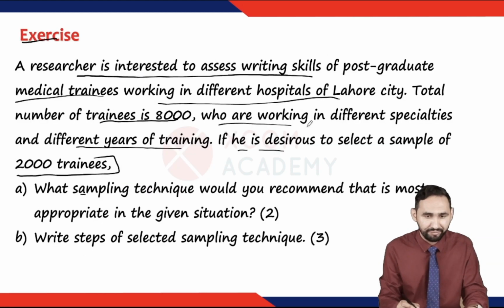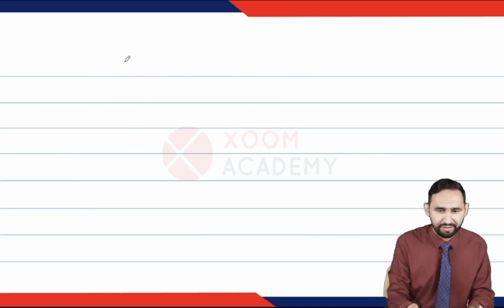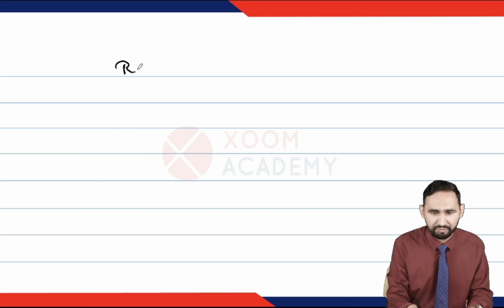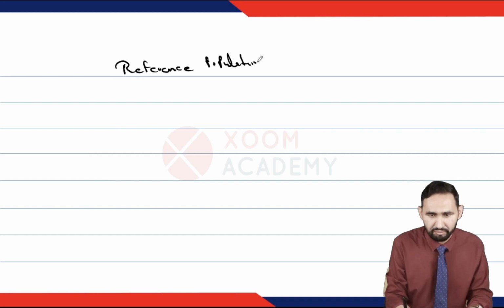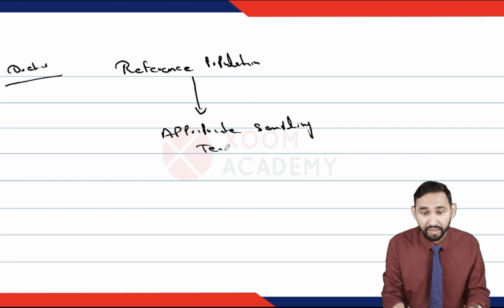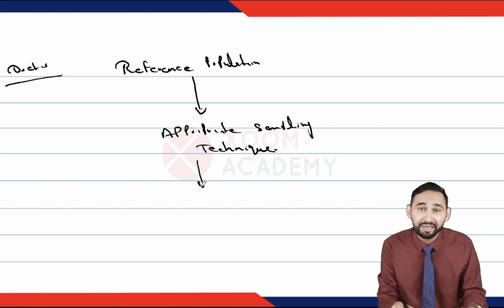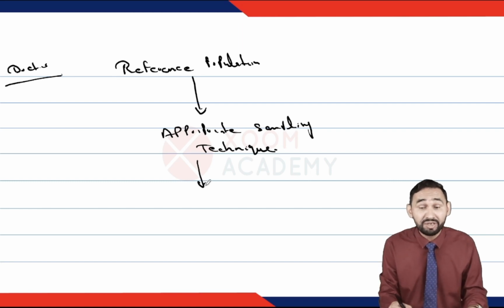Okay, next question. Write steps of the selected sampling technique. So what will be the different steps? First, you will take the population of doctors. Then, the appropriate sampling technique according to our scenario and our study. We have concluded that stratified random sampling is the most appropriate technique.